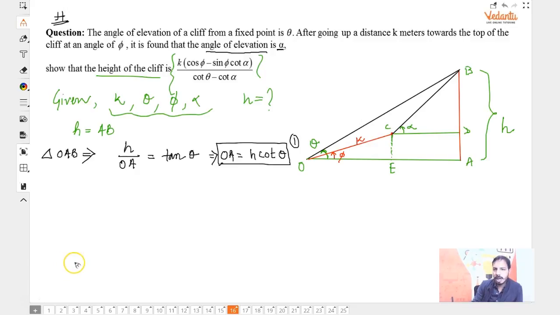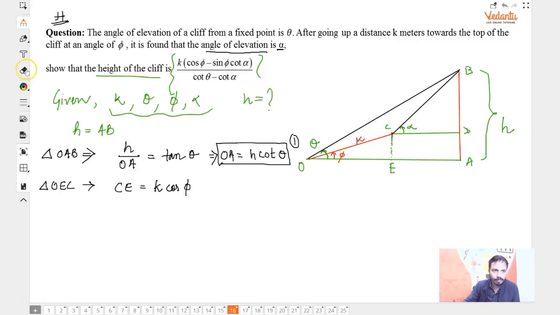Okay. Now let me see this small triangle. Why? Because see, I need to find out the relation of height with all the other things which is given. So what I know in this small triangle now, in triangle OEC, I know that the hypotenuse here is K. So I'll try to relate this. For example, what is CE here? So CE is nothing but K sine of phi.